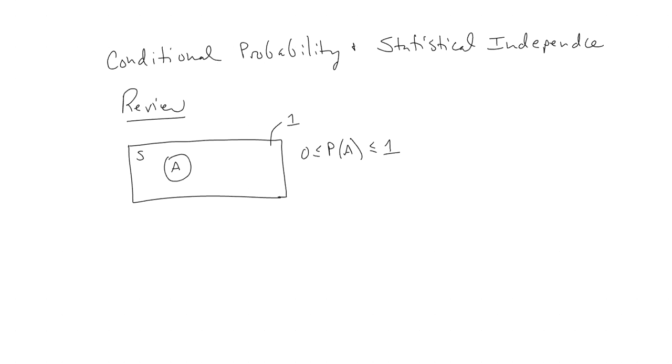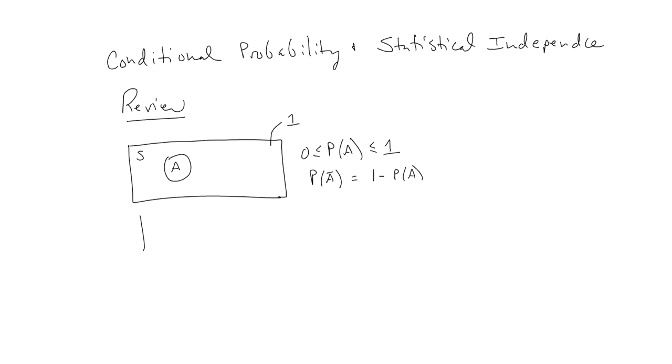And then if we were to calculate the complement of A, which we call A bar or not A, what's that probability? Just 1 minus the probability of A. Okay, so we're building up some basics here. And then we learned about mutual exclusivity.